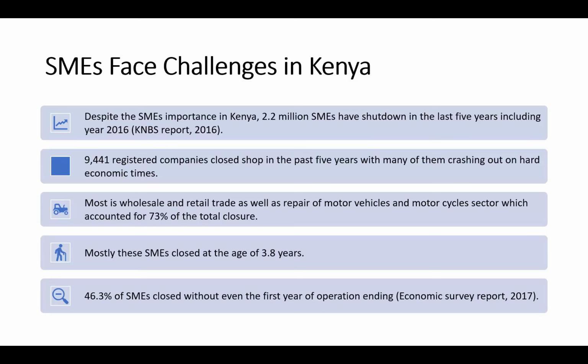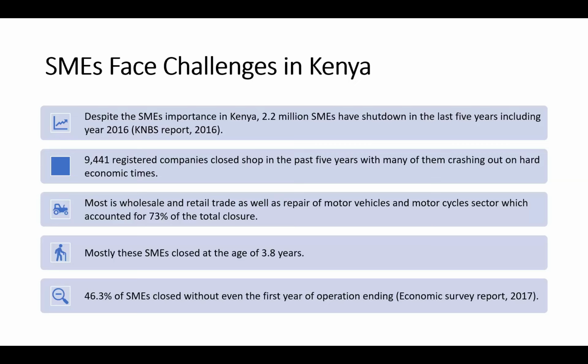I'm talking of the small mama bogas, people who started cereal shops, people who started cyber cafes, people hawking. So the number 2.2 million might appear too big, but it includes almost everybody who started doing some business but stopped. And when it comes to big registered companies, almost 9,000 registered companies closed shop in the last 5 years. So you see, the economy is quite difficult.